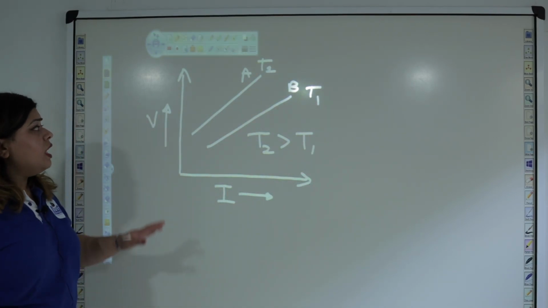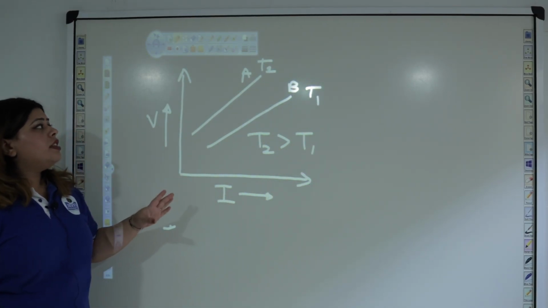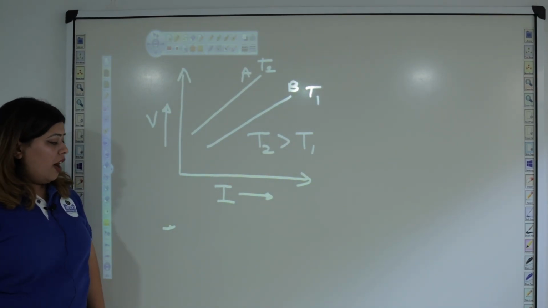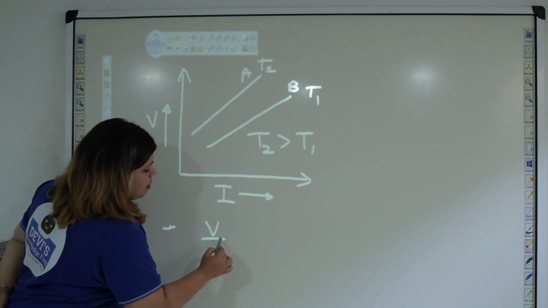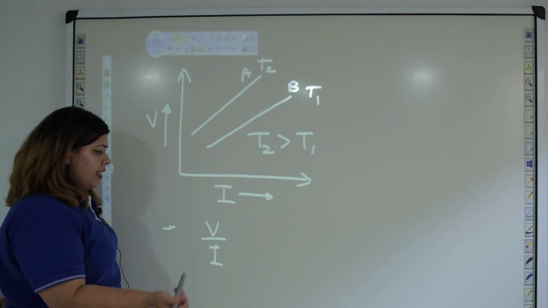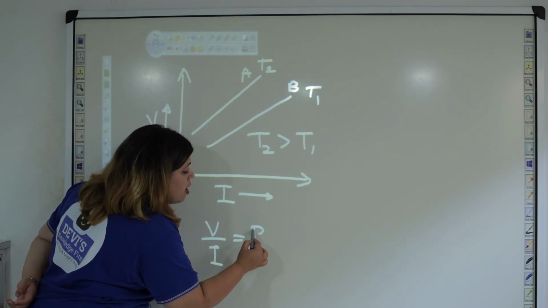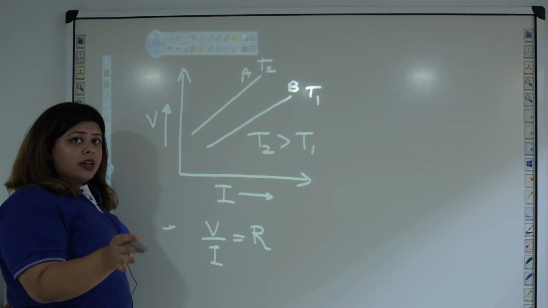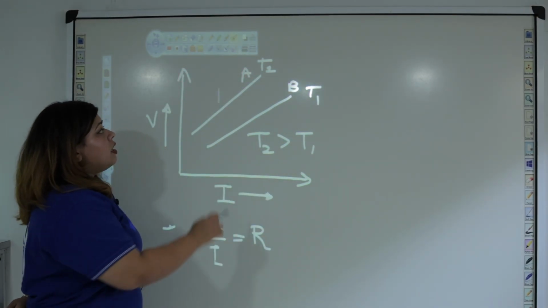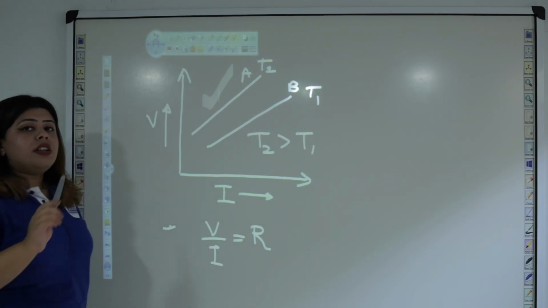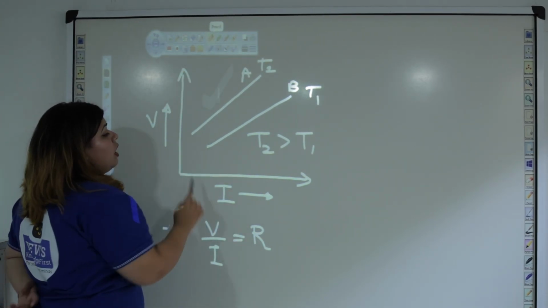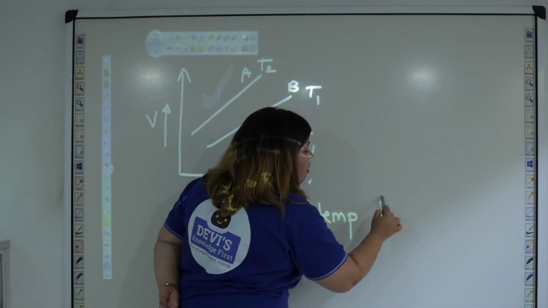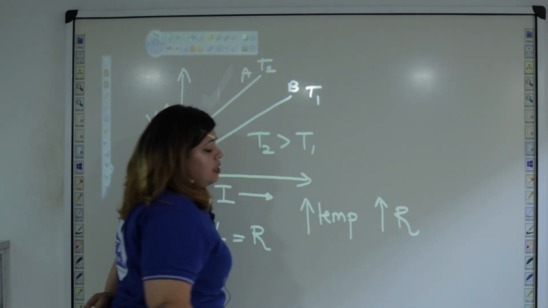The slope of this graph is going to be V by I, like Y over X, which is nothing but your resistance. So the conductor A with a higher temperature has greater resistance. That means the higher the temperature, the higher your resistance.